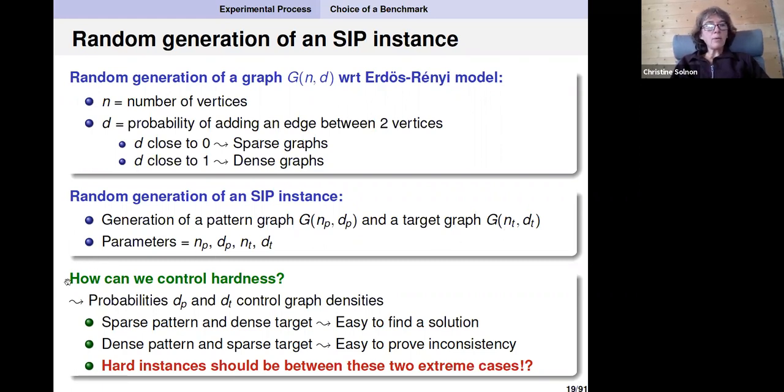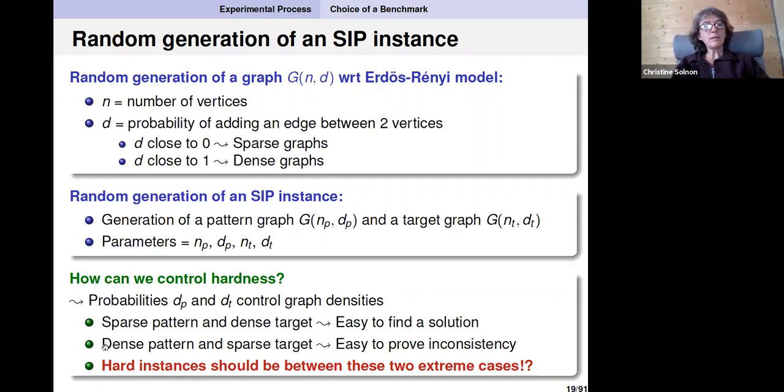And now, how can we control hardness? To answer this question, we are going to vary the values of the probabilities, dp and dt, which control the graph densities. Because our intuition is that when we have very few edges in the pattern graph and a lot of edges in the target graph, then it should be easy to find a solution.